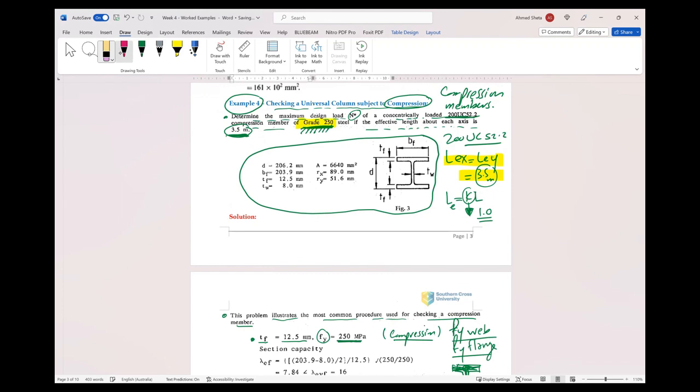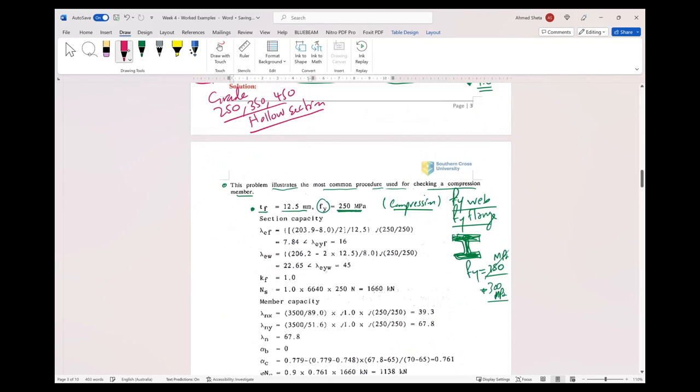The grades available now are 300 and 400 for open sections, and for hollow sections there are grades like 250, 350, 450. So whatever the given grade is, you can find F yield and F ultimate.